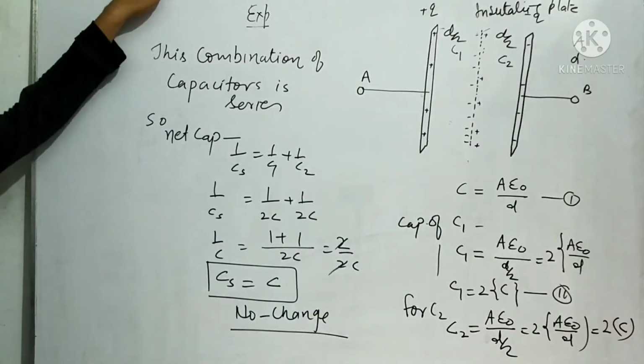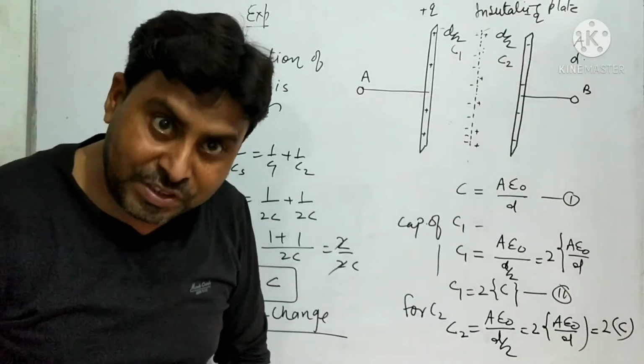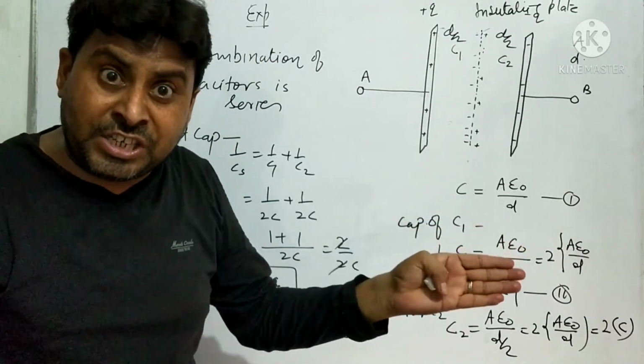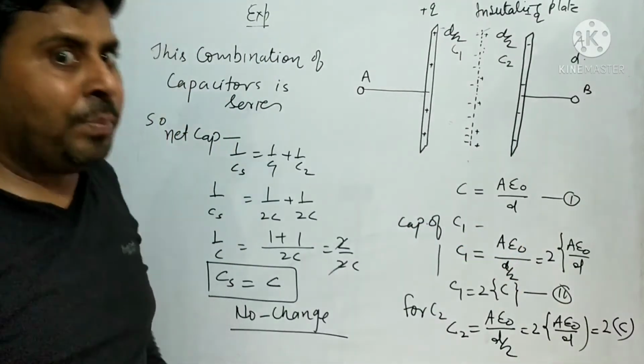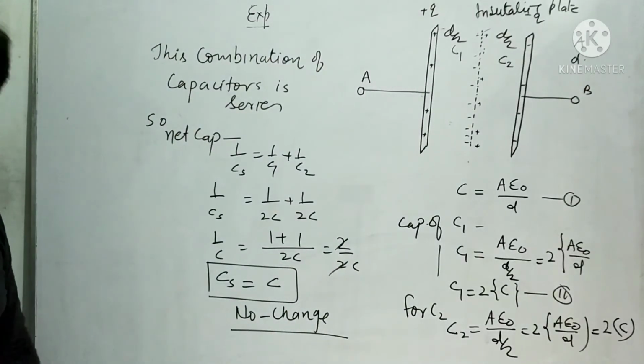If we insert an insulating plate between the capacitor, then individual capacitance becomes double, but net capacitance remains the same. Is it clear? I think no problem.